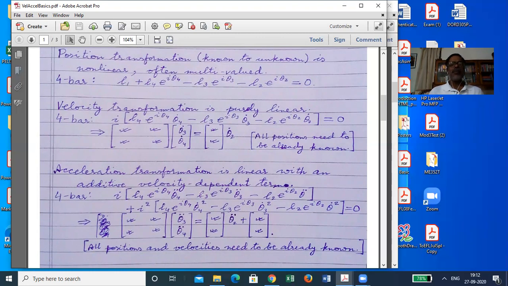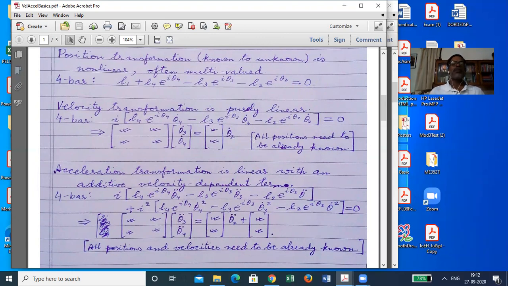And you have already noted that for solving for accelerations, unknown accelerations, not only the known acceleration, but all the velocities and positions have to be known beforehand. Fine. So that way, compared to the position solution, position kinematics problem, which was quite difficult, velocity analysis will be much simpler.